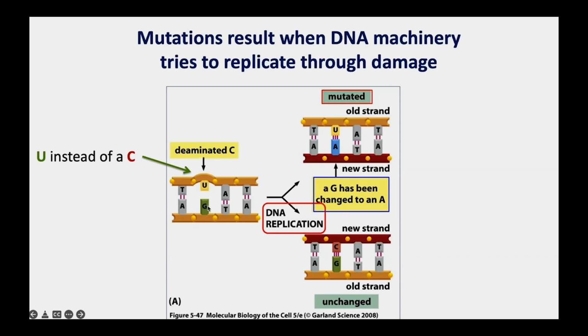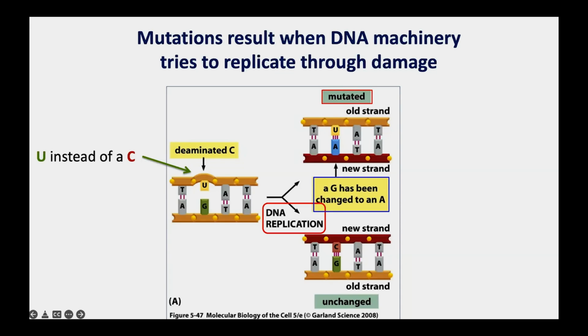So normally we would have a G and a C, but when that C is deaminated and changes to a U, well, U does not pair with G. And then when this strand is replicated, you end up putting in an A that can pair with the U. And then in the next round of replication, this U is going to be changed to the partner of A in DNA, which is a T. So after two rounds of replication, instead of having a GC, you end up having an AT.